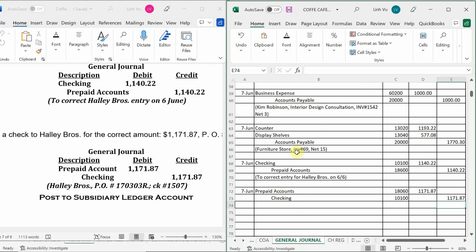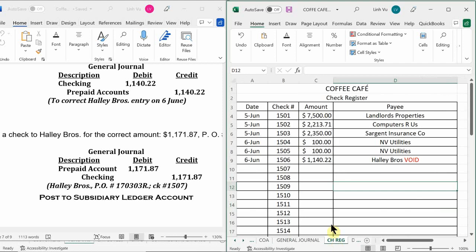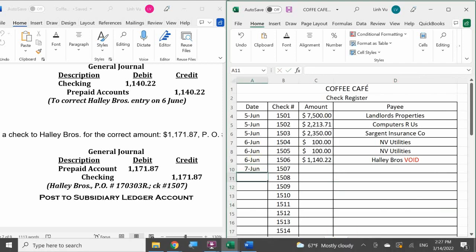Now that I have the correct amount, I can now go to my check register and cut a new check for the $11.71.87. And it's to Hallie Bros.